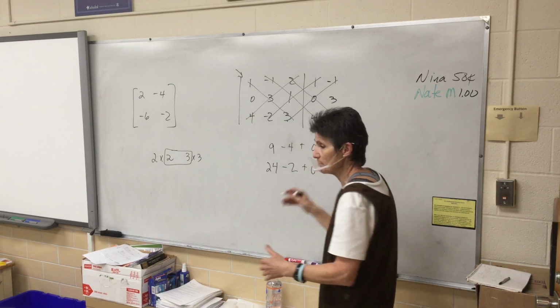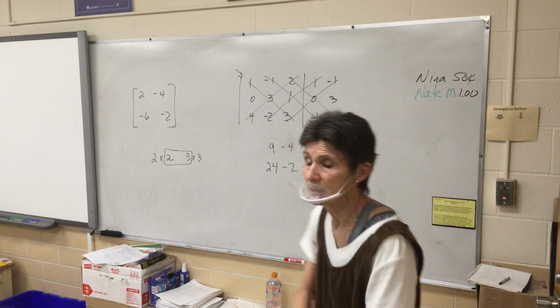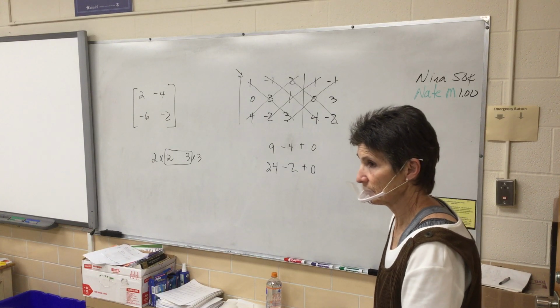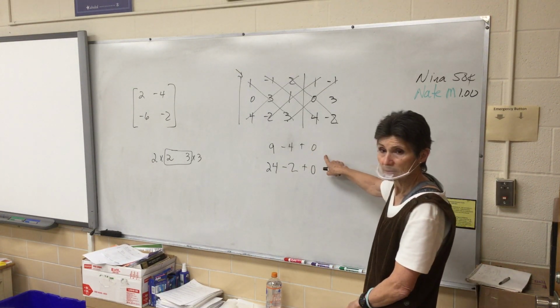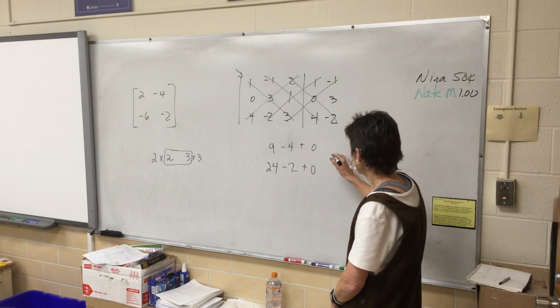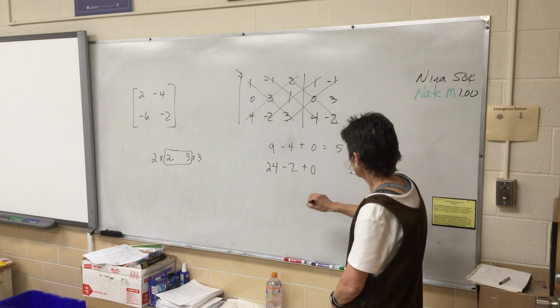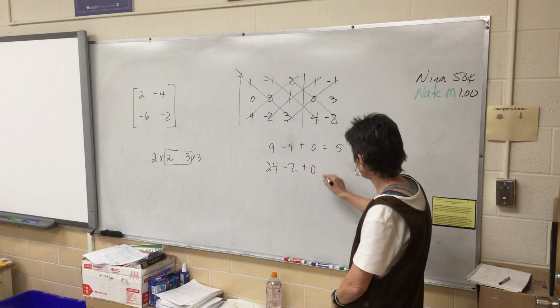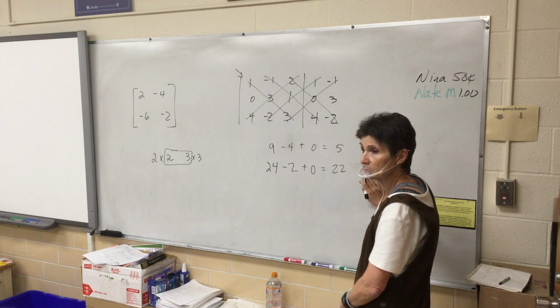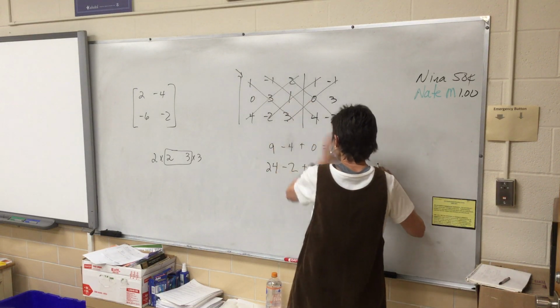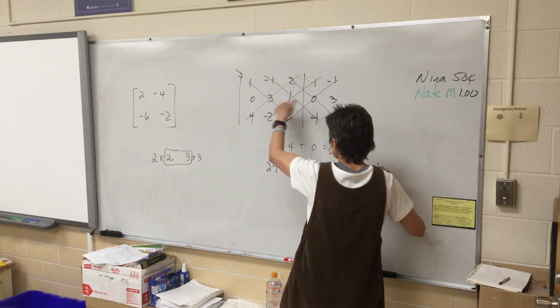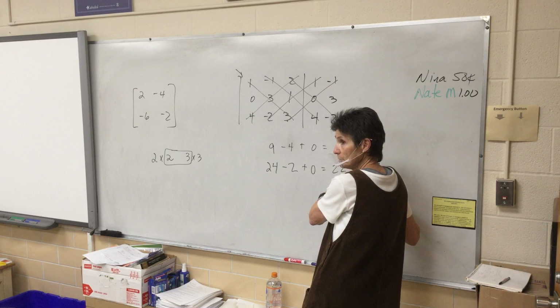All right, what do I do with this mess? I've done a bunch of multiplying. What do I need to do? Well, I need to total all that up, and I get 5. And I'll total all this up, and I'll get 22. So these are the downs, down, down, down, added up to 5, up, up, up, added up to 22.